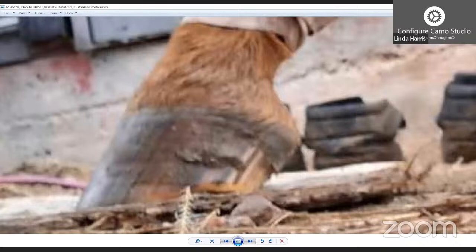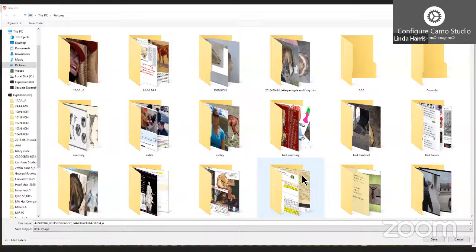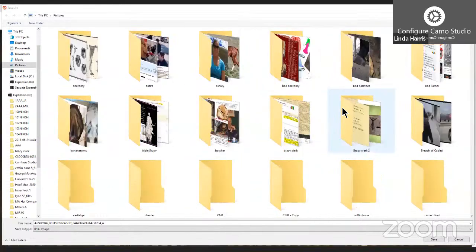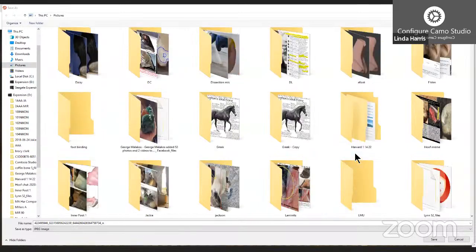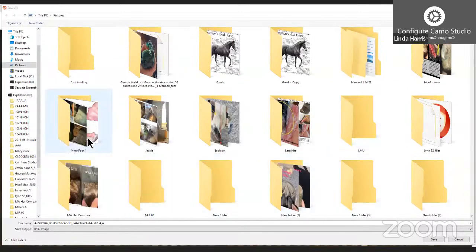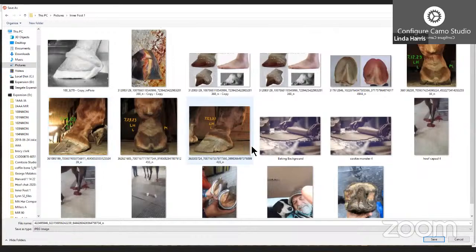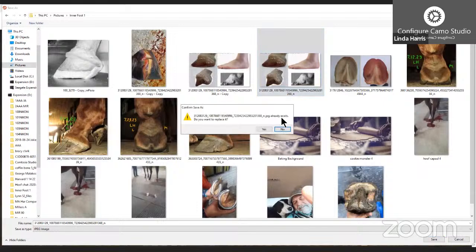Okay, just a minute here. Okay, hold on. I gotta open something here. Just a second. Inner foot. Okay, well, here's a good example. I'll open that one.